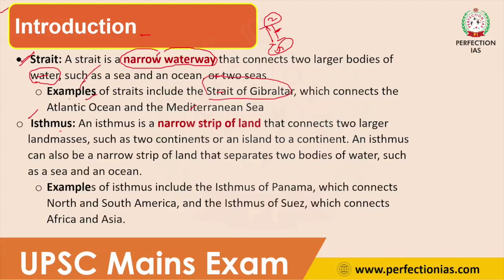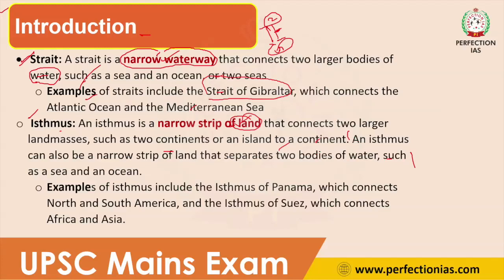And isthmus. An isthmus is nothing but a narrow strip of land. A strait is a narrow strip of water, but an isthmus is a narrow strip of land that connects two larger landmasses. So a strait is water connecting two water bodies, but an isthmus is land connecting two land masses.